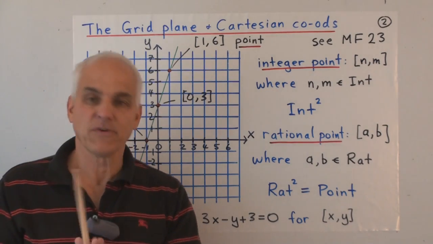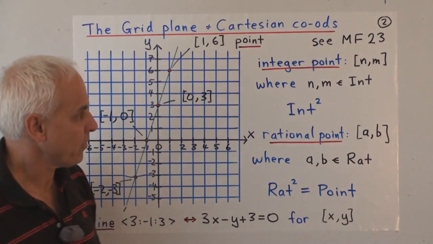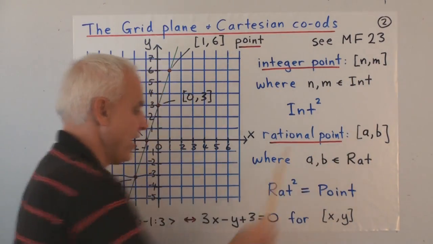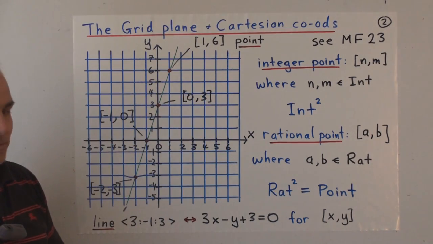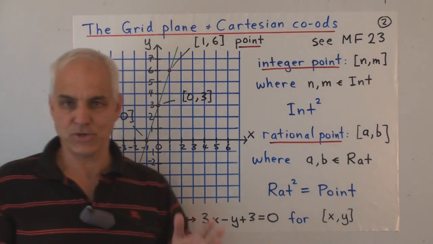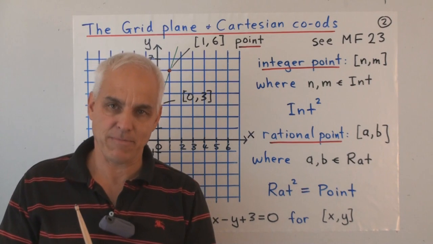Now maybe it's useful to say here that the algebraic side of things, when we're talking about points like this or points like this and lines like this, don't actually require a picture. The picture is a physical object, which is strictly speaking outside the world of mathematics.